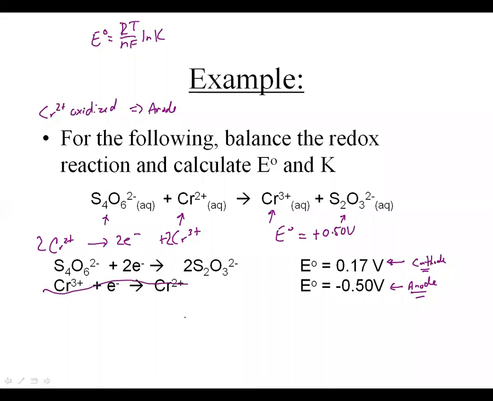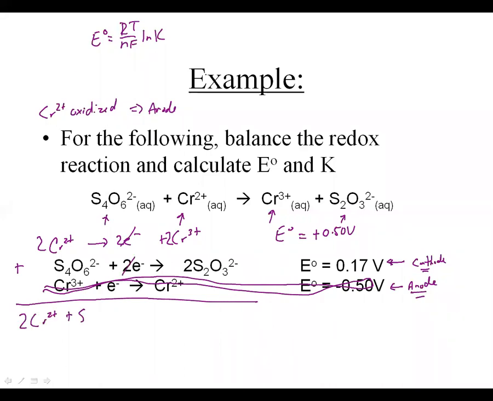And really at this point, we can add these two reactions together. Our electrons will cancel, and that will leave us our 2 chromiums plus our S4O6 2- goes to our 2 chromiums on the other side, minus. Now, in this particular case, since I actually did flip the sign, I could find E of the cell by really just adding them here. So I'm going to add because I already changed the sign.